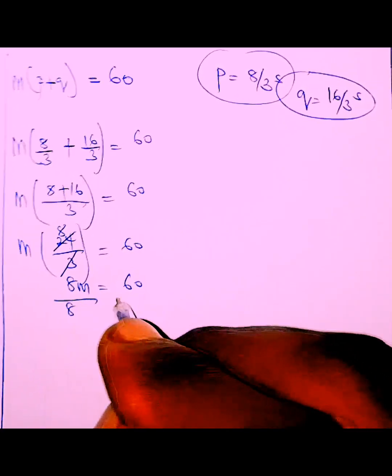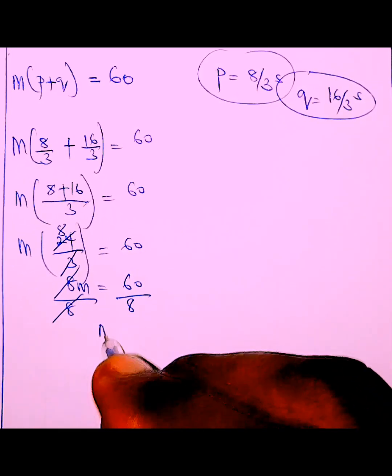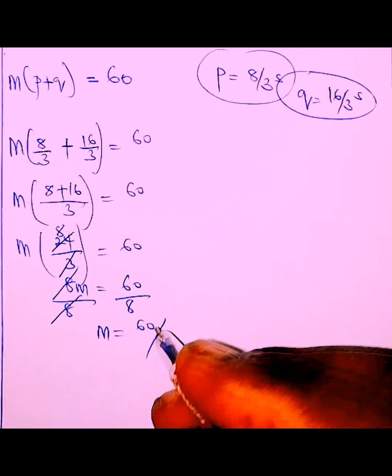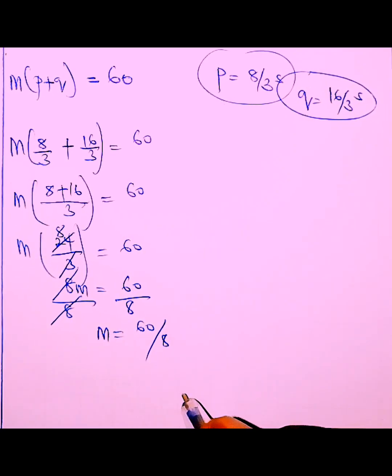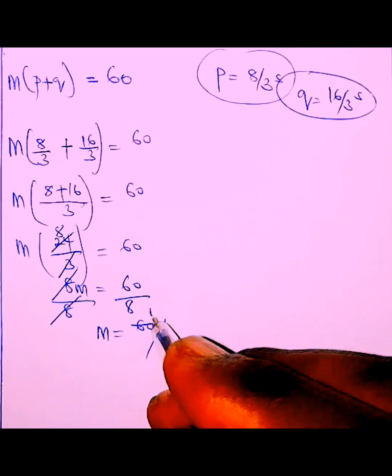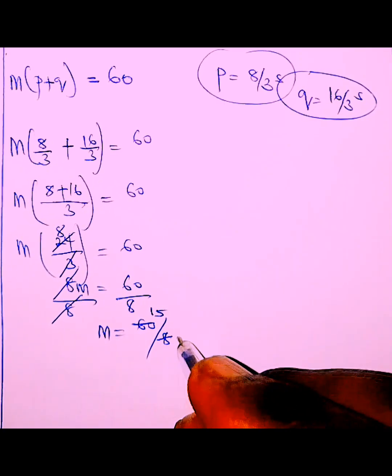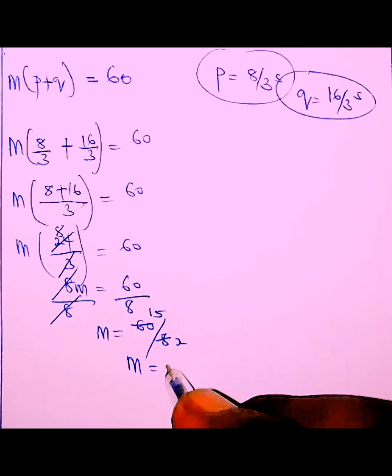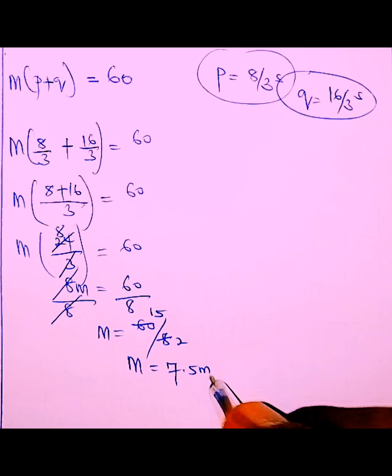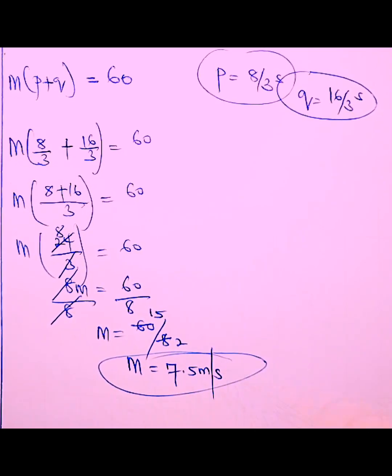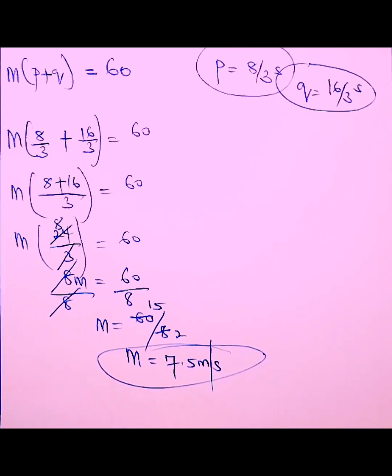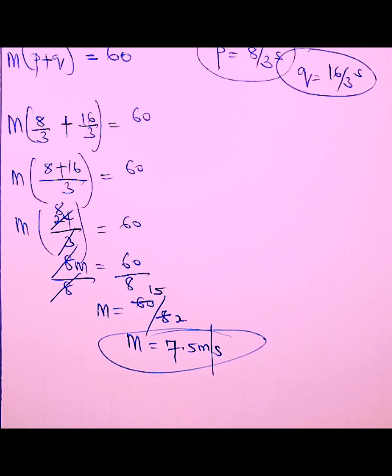Divide both sides by 8. So m is 60 over 8, which is 7.5 meters per second. So the highest speed attained by the body was 7.5 meters per second.